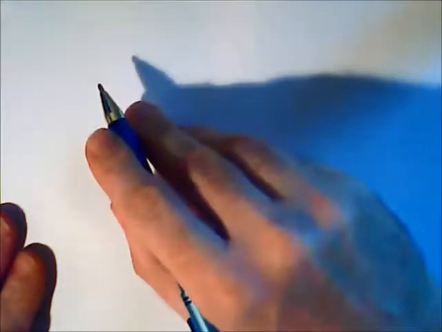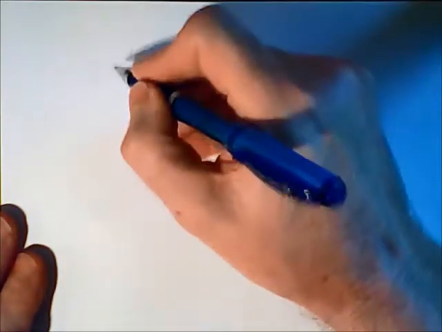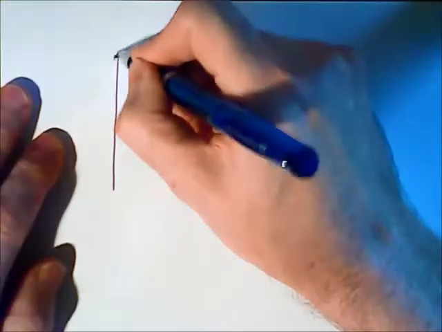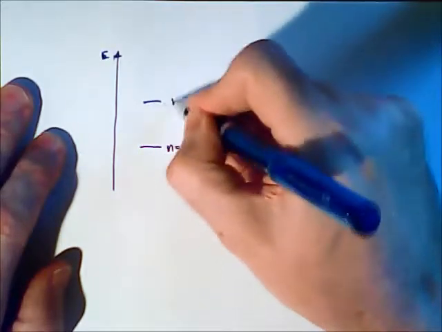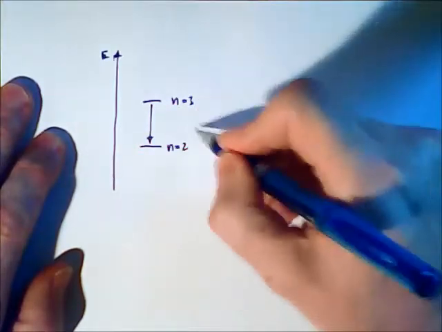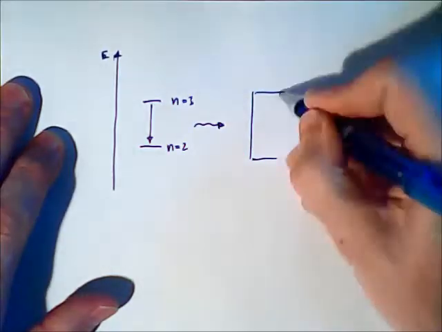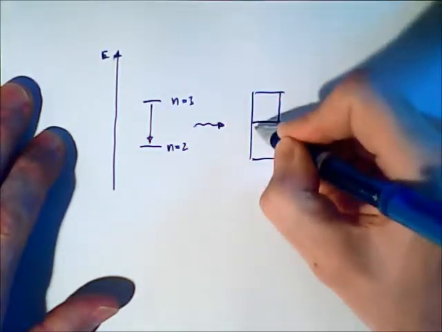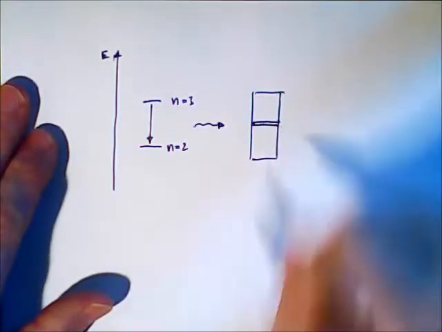Okay, you think now this is good and well, but unfortunately we are not finished, because there are things we cannot explain. First, when we look very closely into the spectrum, we find that the line that we get from n3 to n2 is not a single line, but a double line, very close together.